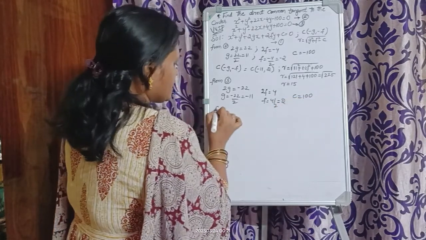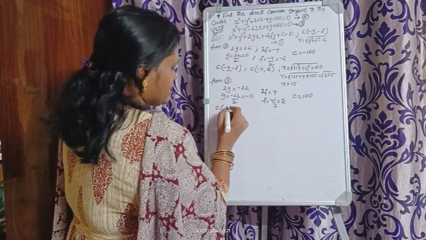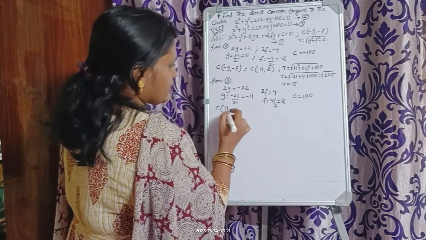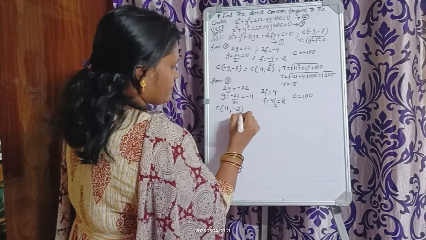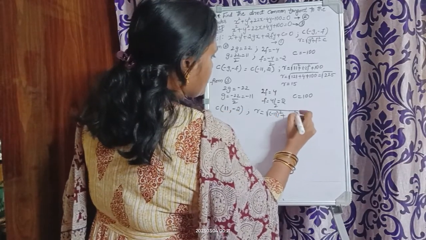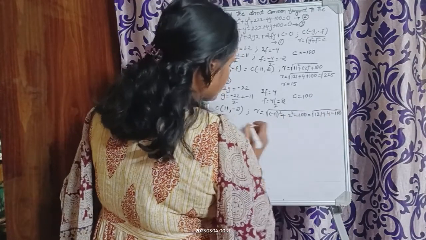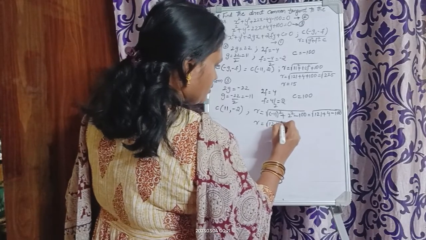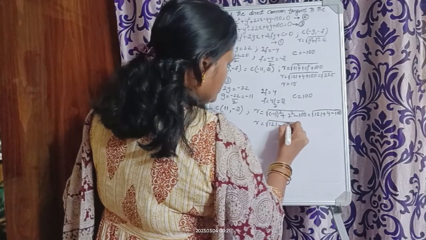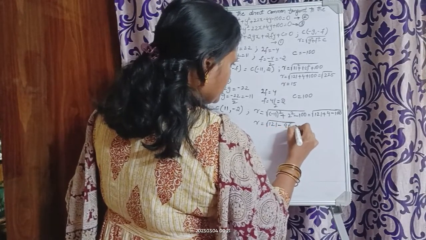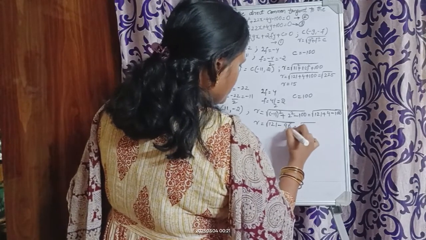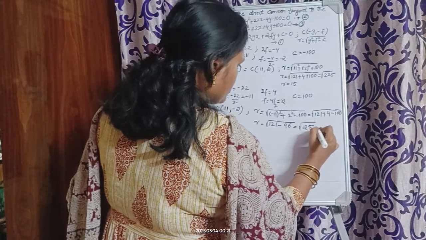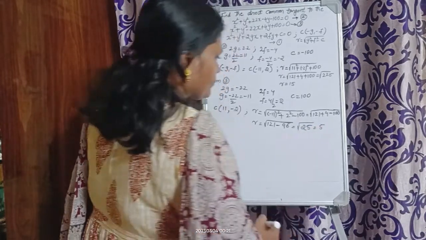The centre of this will be minus g, minus of minus is plus 11, and minus f. So r is equal to the square root of 121 plus 4 minus 100, which is square root of 25, so it is 5.